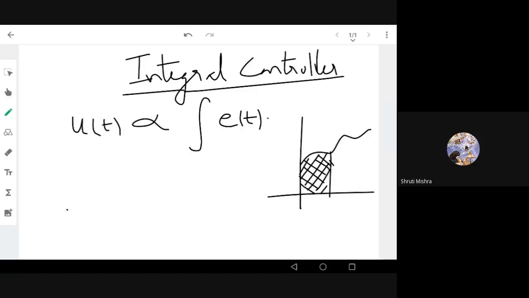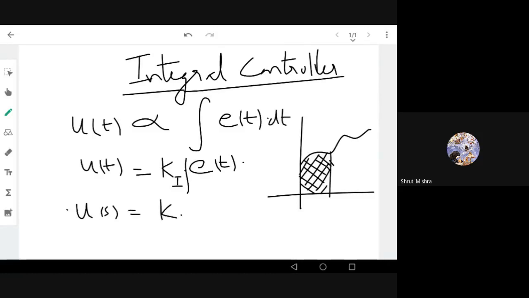So what will be its equation? This is proportionality. If I change the proportionality to a constant, I call this constant ki, the integral constant, times the error term e(t). So u(t) equals ki times the integral of e(t) dt.